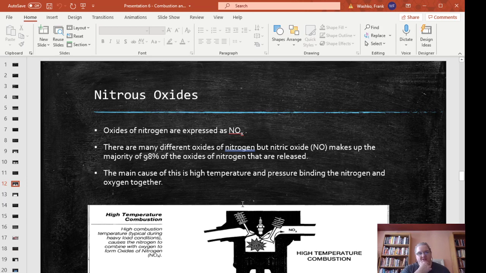NOx goes out if you're running at too high a temperature, or you're running lean, too much air, not enough fuel.